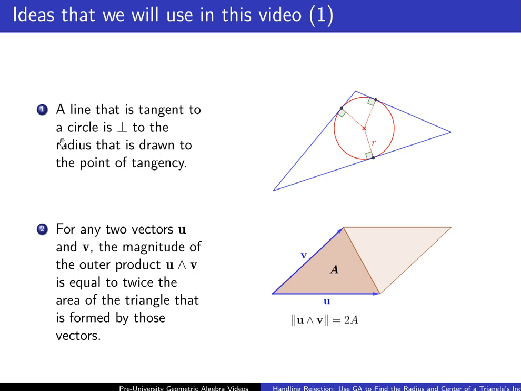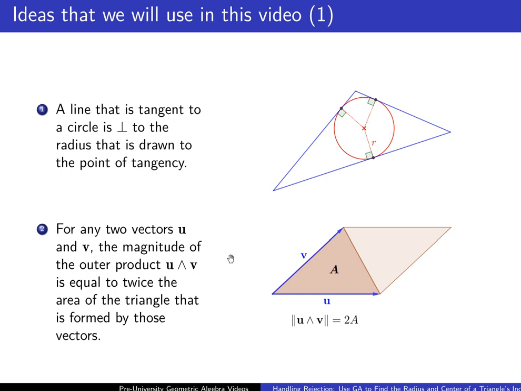Some of the ideas that we will use in this video are that a line that is tangent to a circle, for example, the line of a side of a triangle, is perpendicular to the radius that is drawn to the point of tangency, which we have 3 of them here.